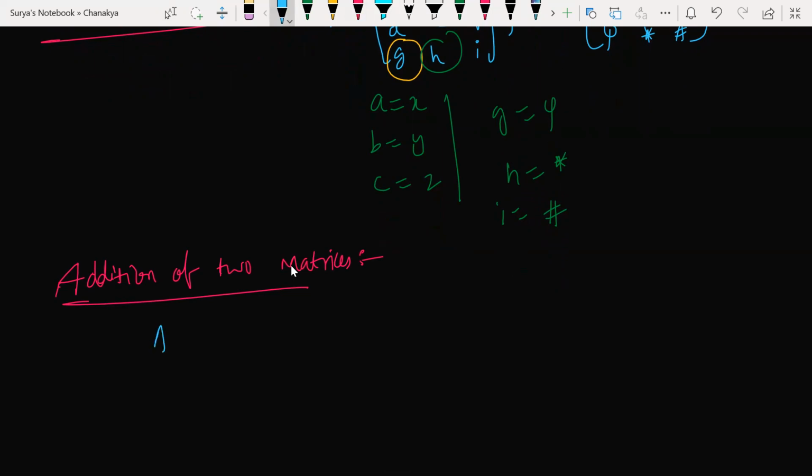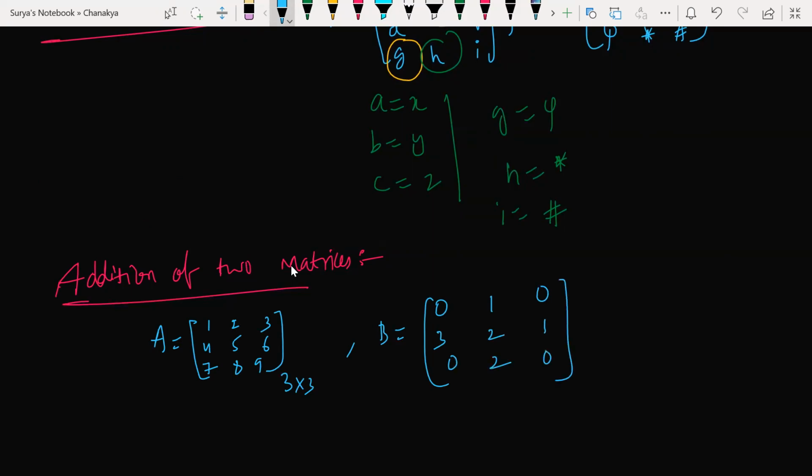Suppose I have a matrix A: 1, 2, 3, 4, 5, 6, 7, 8, 9. What is the order of this matrix? 3 by 3. Suppose I have another matrix: 0, 1, 0, 3, 2, 1, 0, 0, 1, 0, 2, 0. Let's say the matrix is the same order.